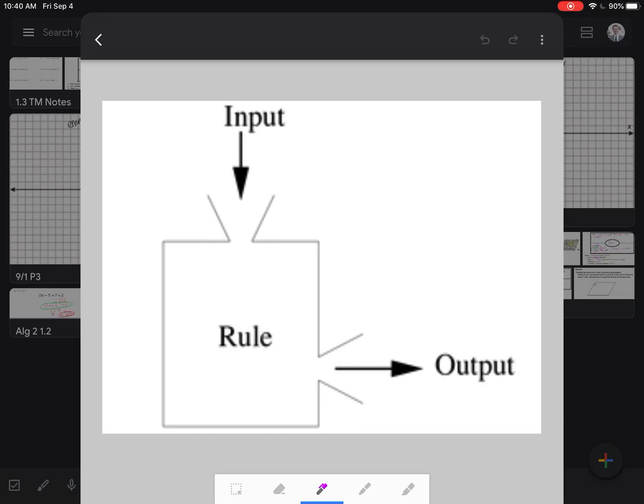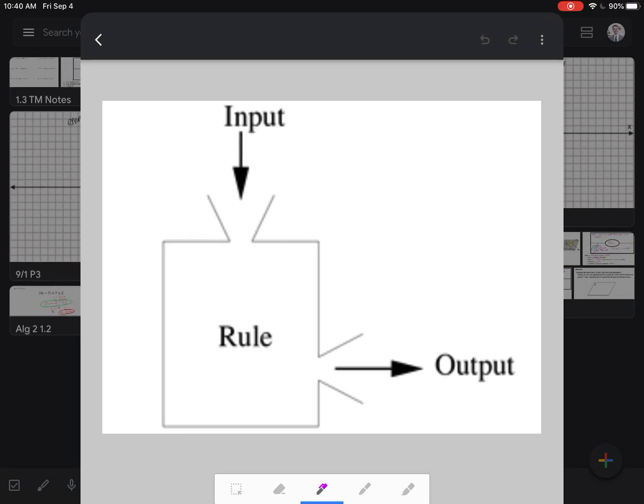So let's say, for example, if you're pumping gas, I think that's a good example. If you pump 5 gallons of gas and it costs $2 a gallon, you expect your output to be $10. So if your input is 5 gallons, then your output should be $10.